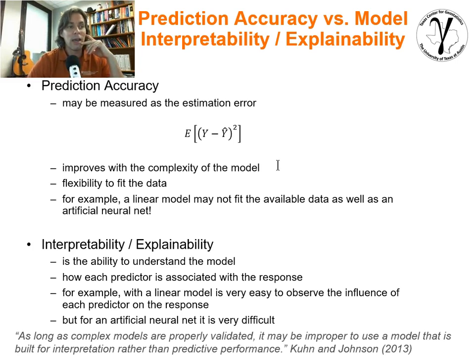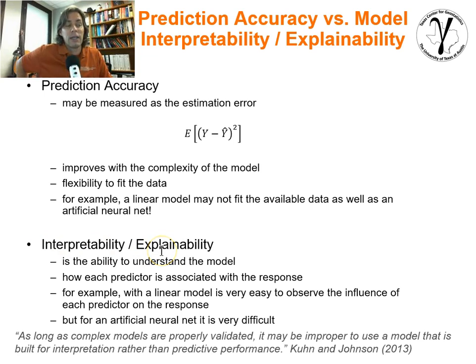We'll find that if we have flexibility to fit the data, our model's very flexible, i.e. non-parametric, then we will typically have better prediction accuracy, unless your data matches the parametric form very well, of course. For example, a linear model may not fit the available data very well, and not as well as an artificial neural net if it's a very complicated nonlinear type form.